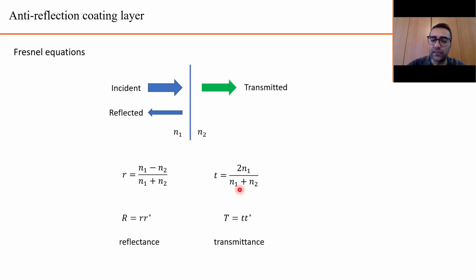And this small t indeed shows the fraction of the wave that is transmitted to the second layer. But because we can only measure the intensity or power, and we cannot measure the phase, we are interested in this capital R and capital T, known as reflectance and transmittance, and let's call these R and T the Fresnel coefficients.